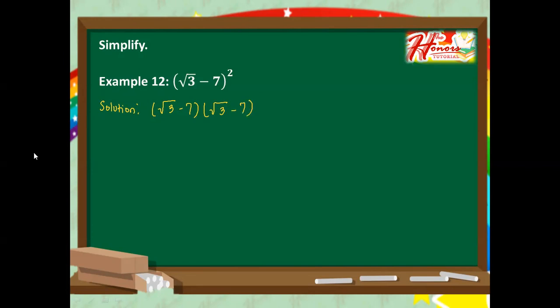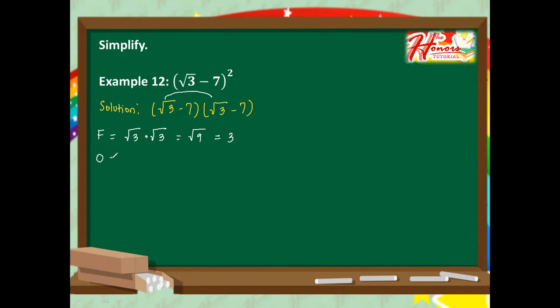And then you know FOIL method. Let's apply this. So F is for the first term. So that is square root of 3 times square root of 3. So that is equal to square root of 9, and that is equal to 3. Because square root of 9 is 3.